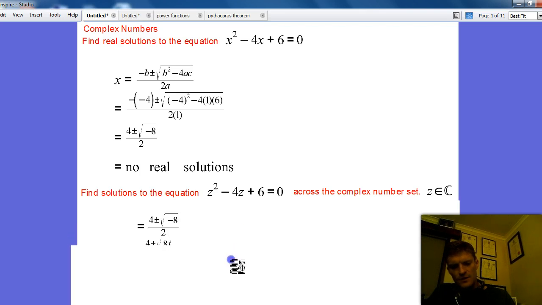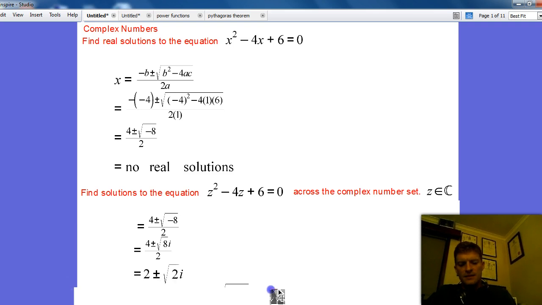So again, we get this number, and we see that this square root of the negative can be represented with an i. And that's the definition of our imaginary number: i equals the square root of -1.